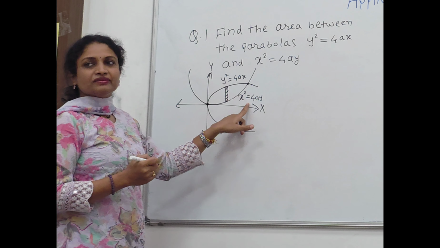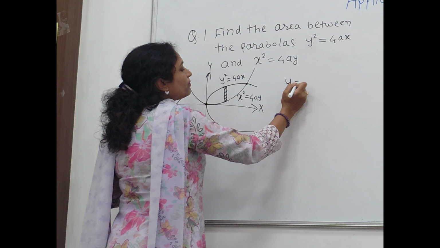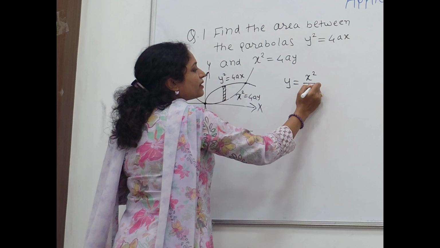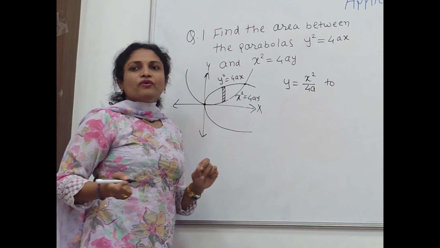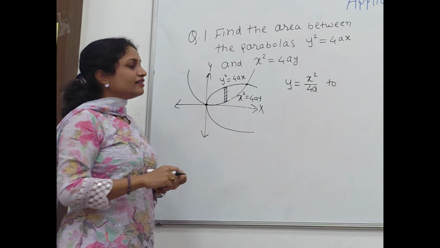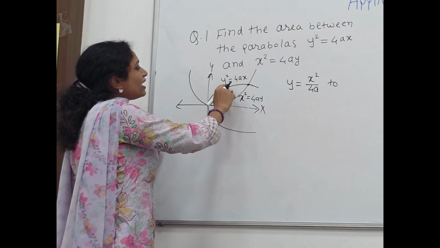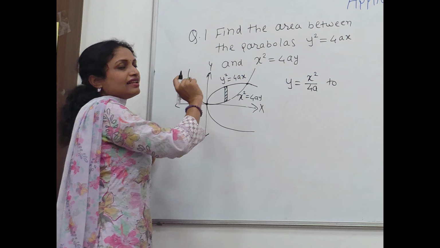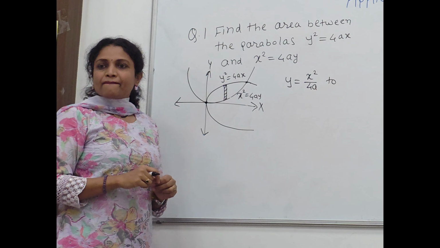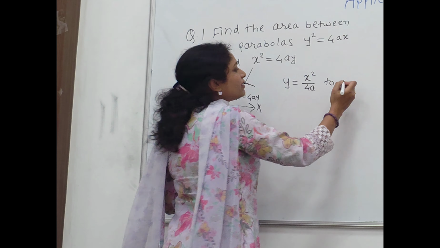From this equation, y is equal to x square upon 4a, right? Where the upper end of the strip is touching this curve, y square is equal to 4ax. How can you write this in terms of y? Root of 4ax.